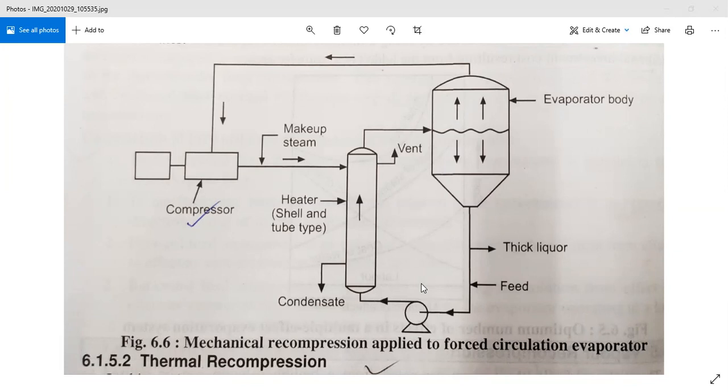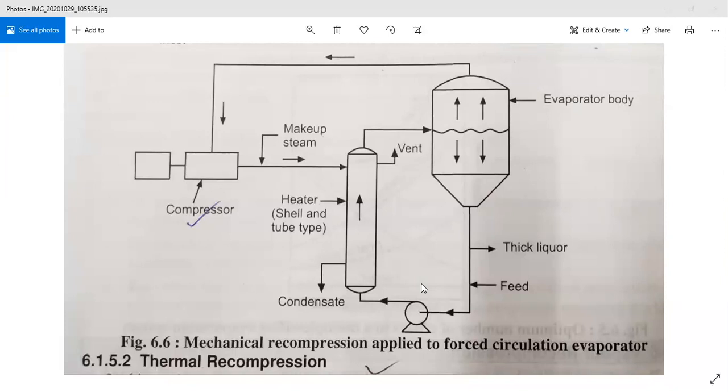Now the second way to increase the economy of a single effect evaporator is called the recompression system, that is, vapor recompression. The desired driving force can also be created by increasing the pressure of the vapor.